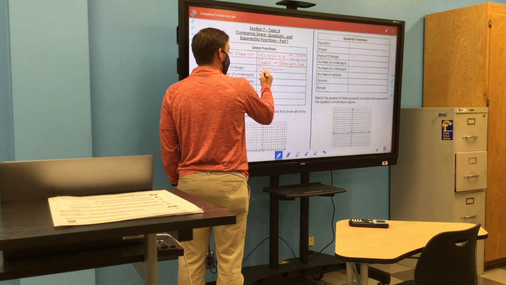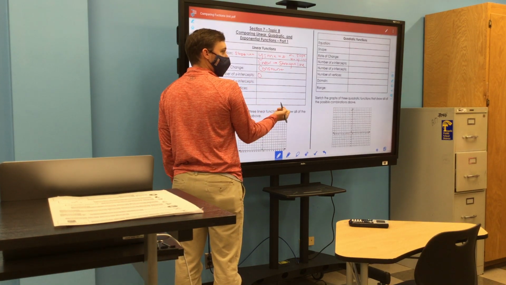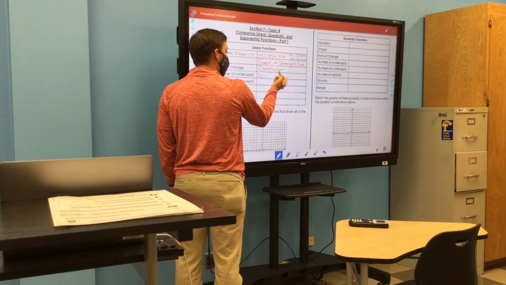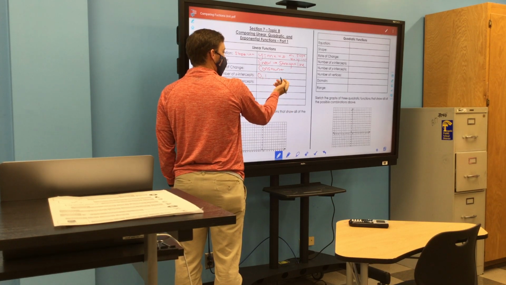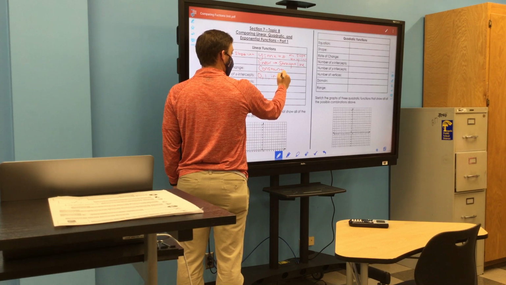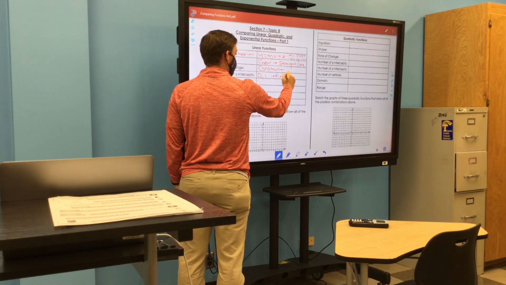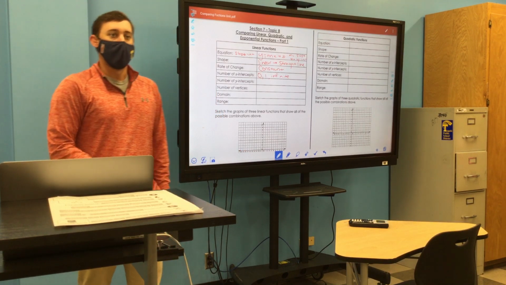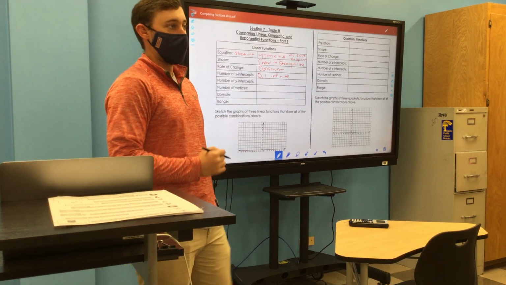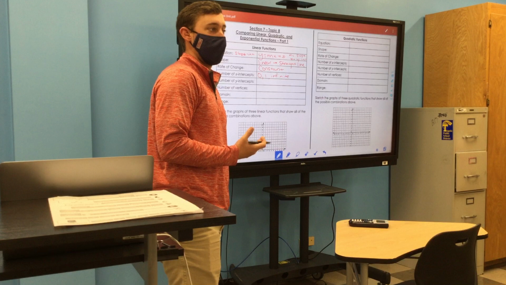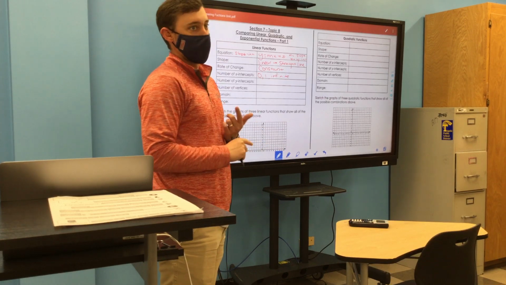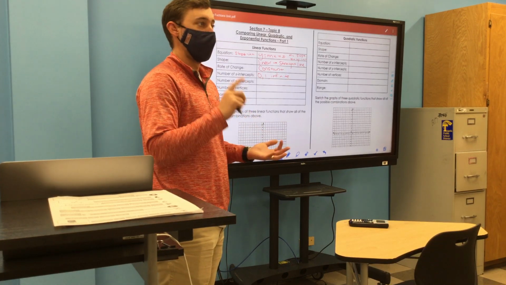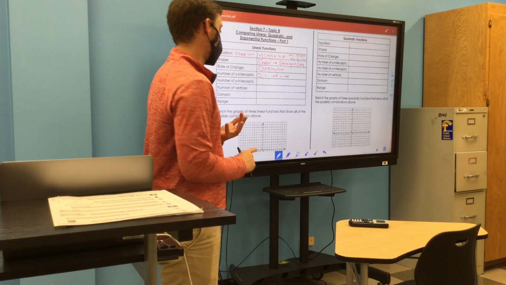You could either have 0 x-intercepts, you could have 1 x-intercept, or you could have infinite x-intercepts. We know x-intercepts are the same things as solutions. So it's saying I can either have no solution, 1 solution, or infinite solutions, okay?